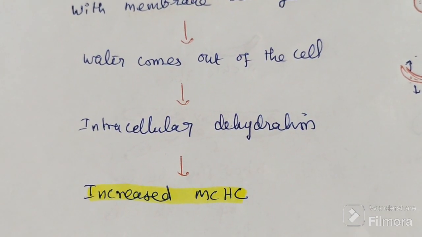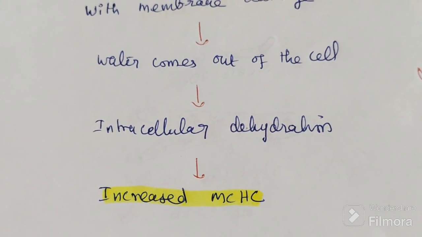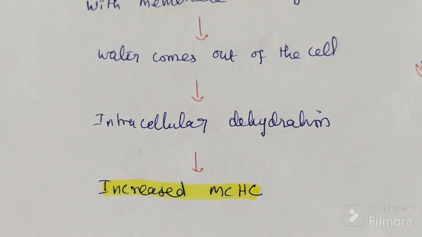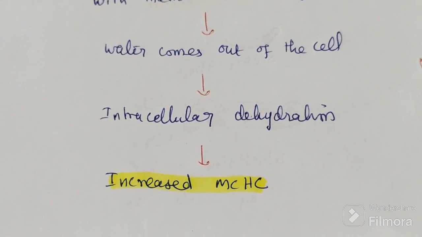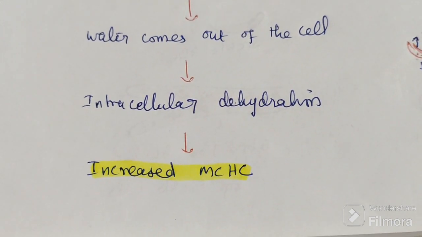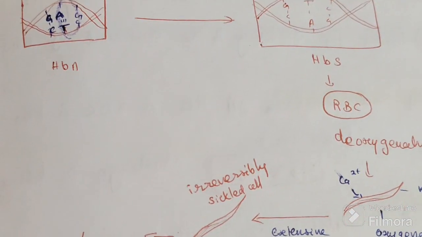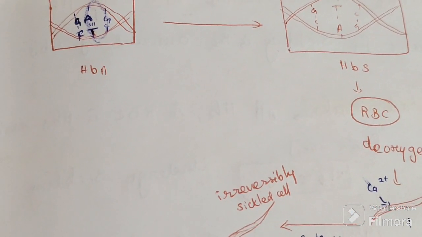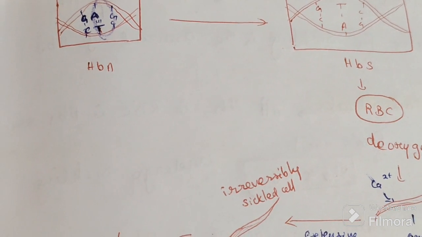Now the same amount of hemoglobin is compact with a lesser amount of water, so the concentration increases. That's why the MCHC level increases. So these are the three problems which take place in sickling or sickle cell anemia.